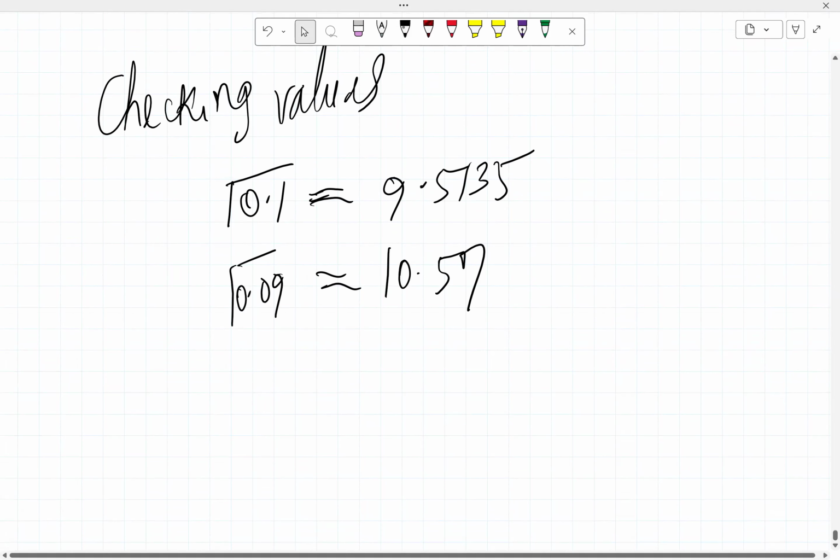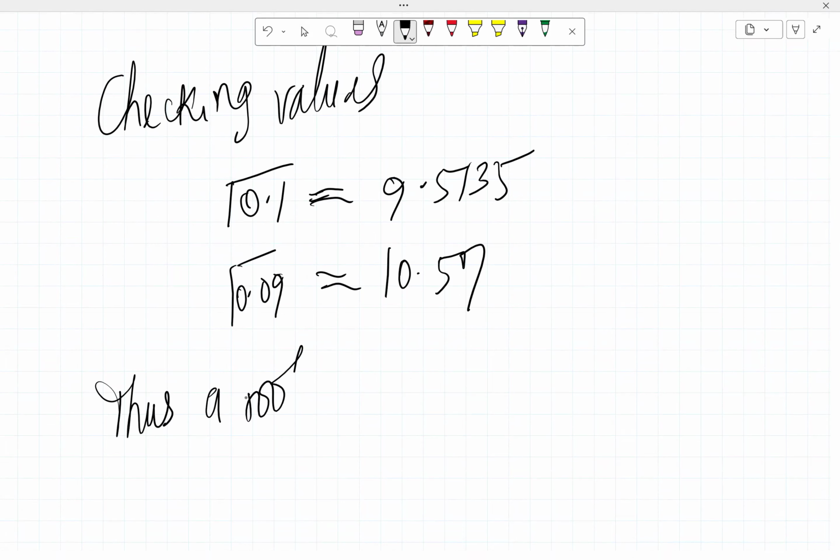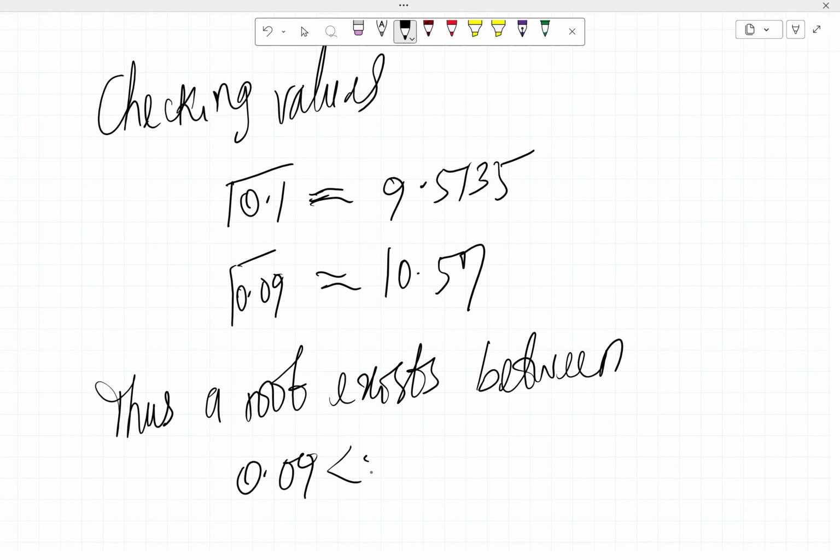So that means a root exists between 0.09 less than x less than 0.10.